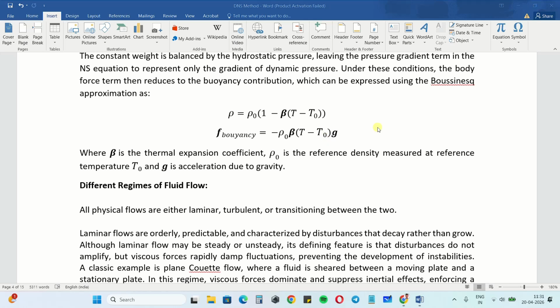So in the buoyant Boussinesq solver in OpenFOAM, we actually solve the Navier-Stokes equation in this form. Also we will see that the pressure term will be a modified term. Instead of solving the total pressure, we'll be solving for the dynamic pressure. The idea is that the hydrostatic part of the pressure balances the weight of the fluid, so we don't have to solve for that in the solver.